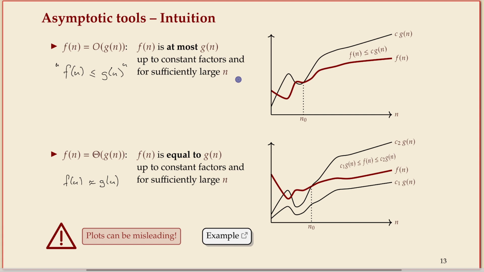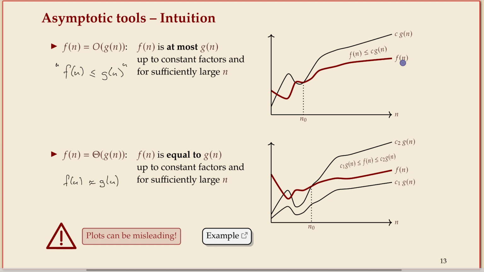So if I take my function f, it might do some weird things for a while, but then there's a cutoff point from which on it behaves more stably. So that if I take my function g and multiply it by some constant number, it stays above the function f, right? That's what the definition says, and you can check how that matches the quotient limit and so on if you want.